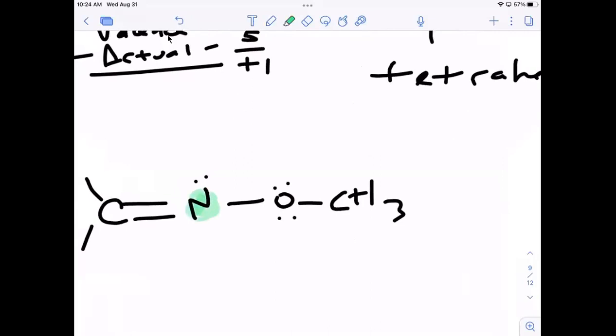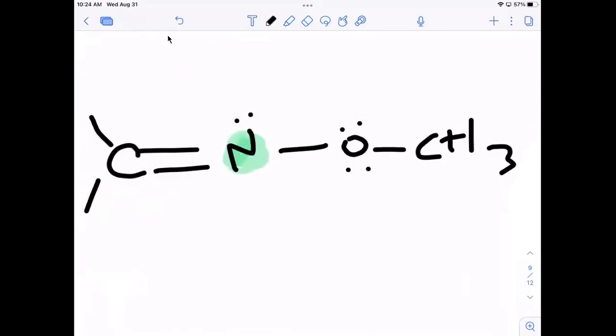What do you think? What's the hybridization state? It's neutral, so we're not worried about the charges. But what is the hybridization state and the geometry of nitrogen? Is this for nitrogen or oxygen? Nitrogen. I think for nitrogen, the hybridization state is sp2.